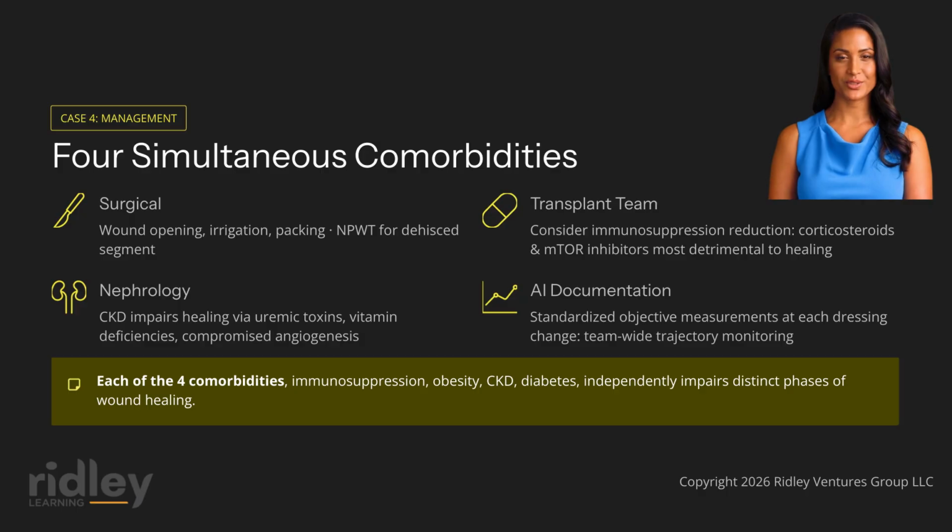Immunosuppression blunts the inflammatory and proliferative responses. Obesity creates chronic inflammation and tissue hypoxia. Chronic kidney disease impairs angiogenesis and growth factor signaling, and diabetes disrupts cellular migration and extracellular matrix formation. The cumulative effect is a wound healing environment that requires intensive, coordinated intervention across multiple clinical domains simultaneously.